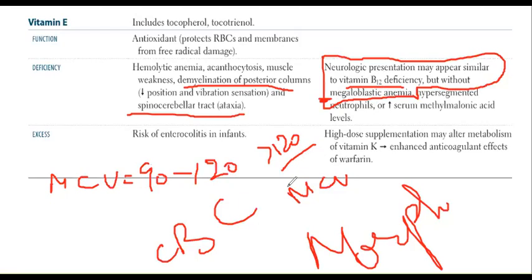Now the doctor comes up with differentials: vitamin B12 deficiency or vitamin E deficiency. But then he orders a CBC. The patient comes back to his clinic with a CBC report, and he sees that the MCV is not more than 120.